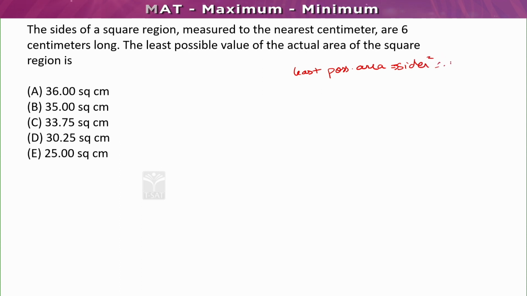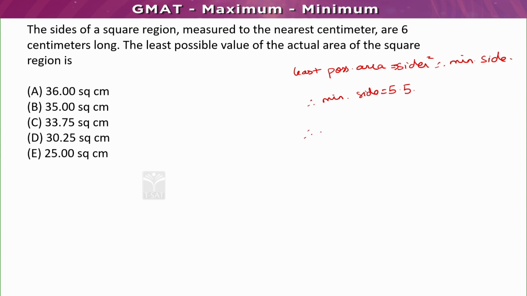So therefore we should have the minimum value of side. And what is the minimum value of side that can be rounded to 6 centimeters? Therefore the minimum value for side will be 5.5, because it is rounded to 6. The minimum value that can be rounded to 6 is 5.5.